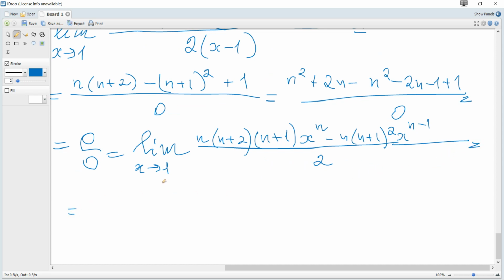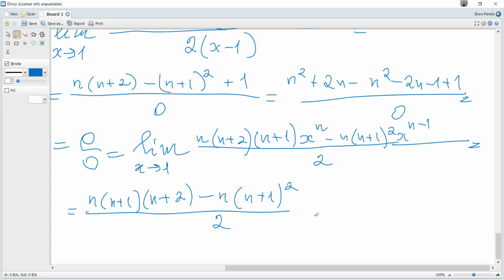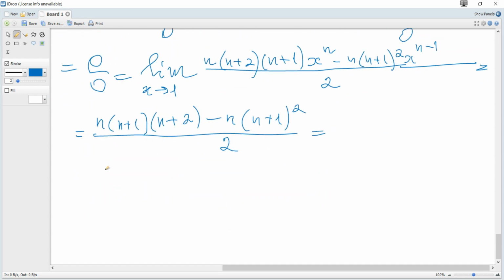We substitute 1 for x again, so it becomes n plus 1, n plus 2, minus n plus 1 squared, divided by 2.